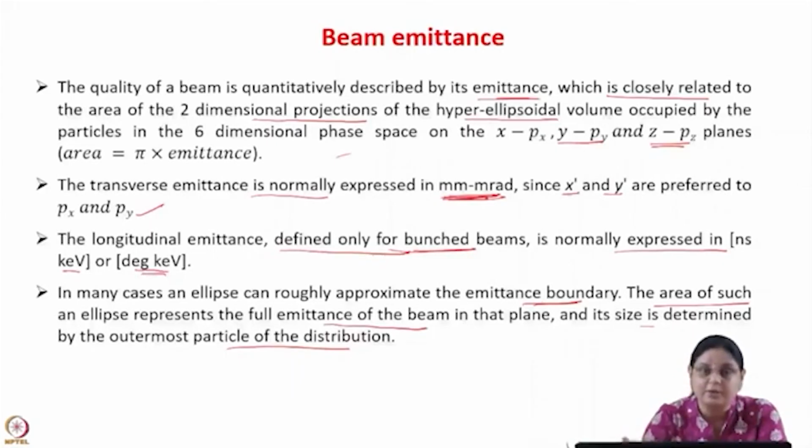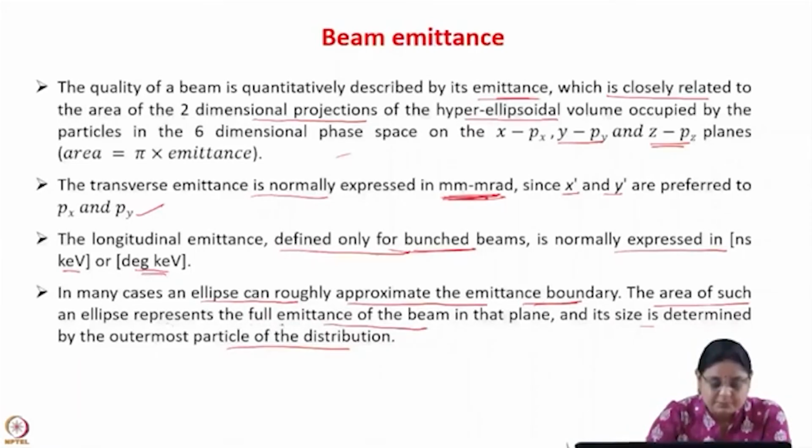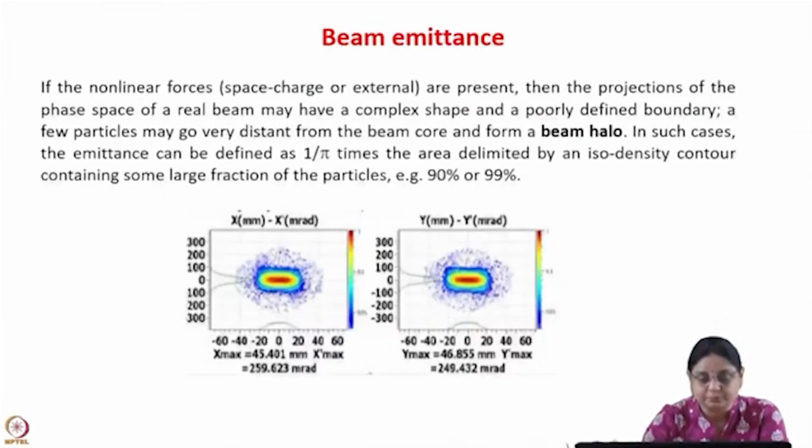But if there are non-linear forces, the particles can lie outside the ellipse. So you can still use an ellipse to roughly approximate the emittance boundary. The area of such an ellipse represents the full emittance of the beam in that plane, and its size is determined by the outermost particle of the distribution.